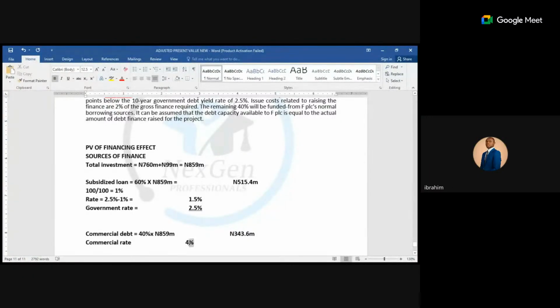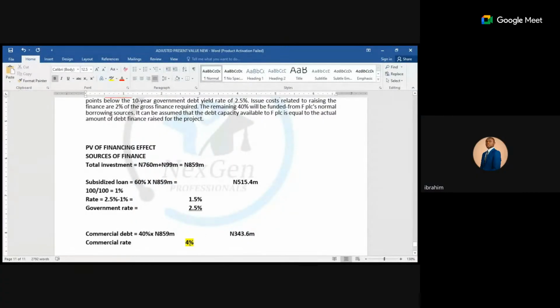We have 4%. So when you add this together, the subsidized loan and the commercial loan, the amount will give us the total investment cost, which is 859.